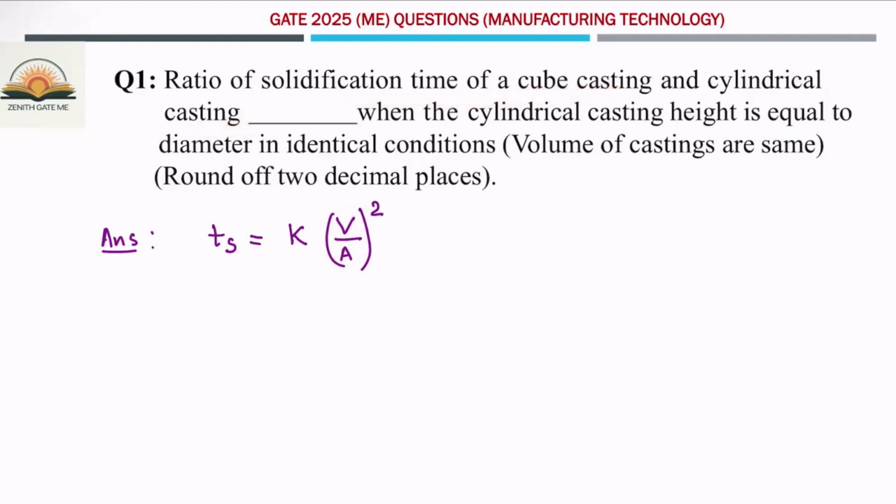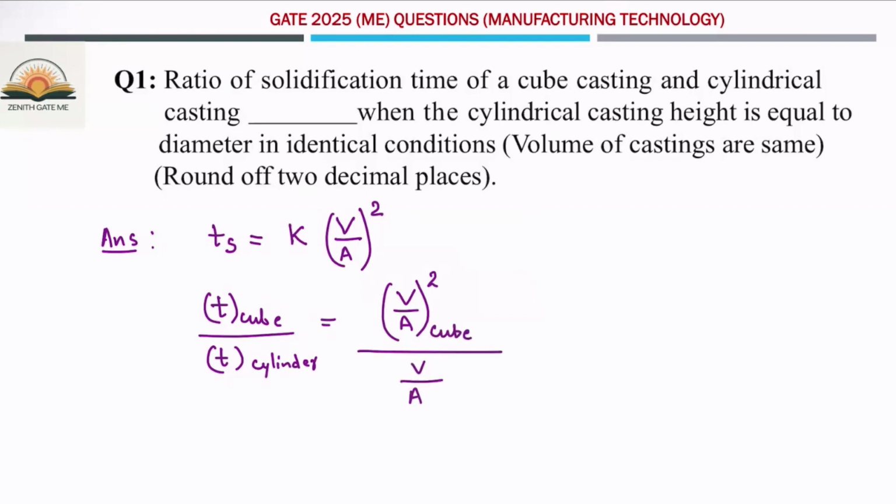So, can I write the solidification time for cube to the solidification time for cylinder is equal to the volume by area ratio to the power of 2 for a cube, divided by volume by area square for a cylinder, where K is the solidification constant.